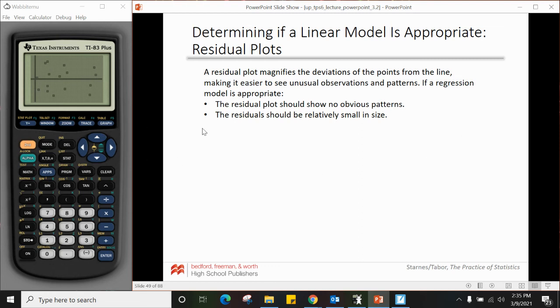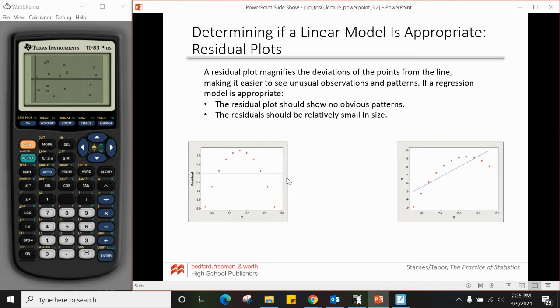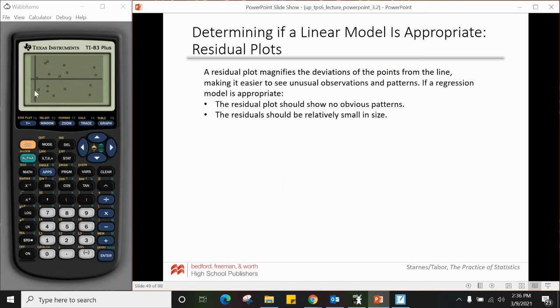Let's take a look at some pictures here. Here are my residuals on the left, my exploratory variable on the X. There's no pattern here, right? These points are just kind of haphazardly plotted. So because of that, a linear regression was appropriate.